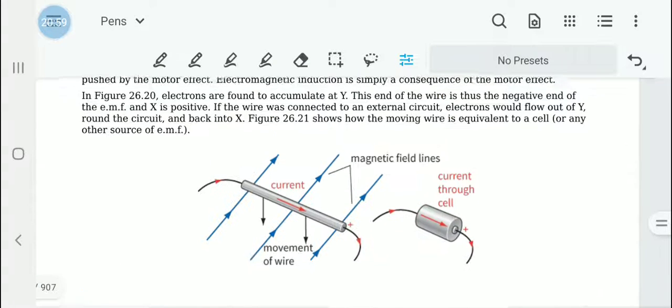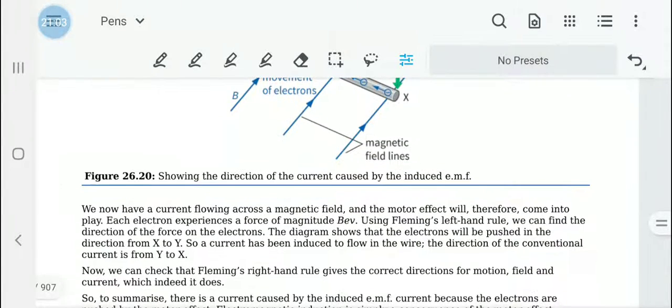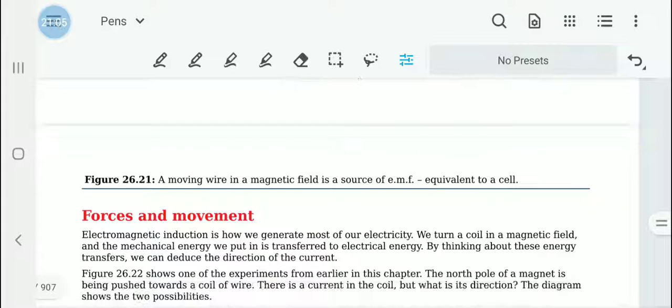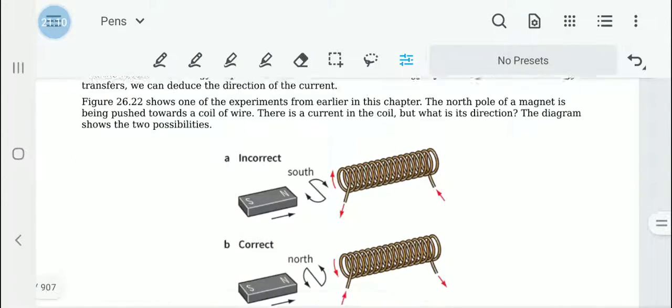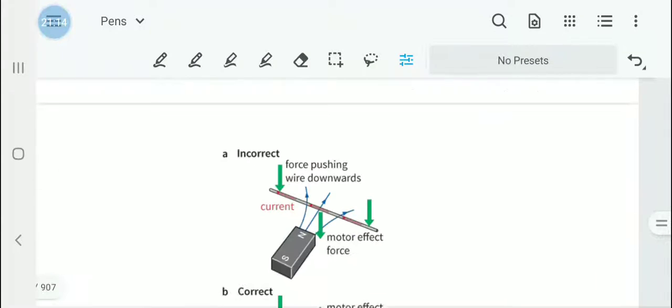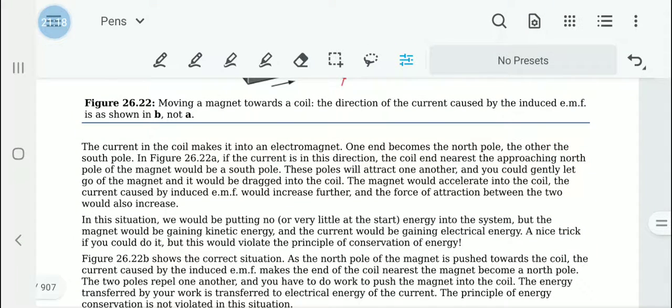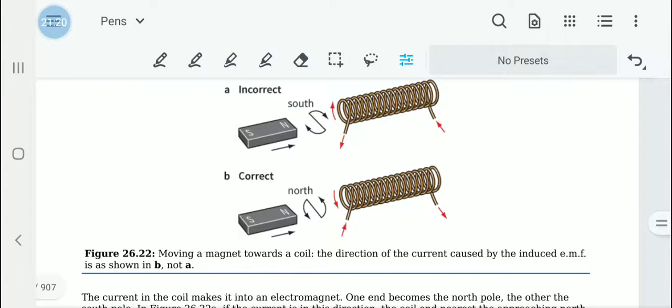So in the earlier situation also you have to draw these diagrams, figure 26.20 and figure 26.21, so that it is understood. So now I want you to draw these diagrams as well to show that the direction is found out using the idea of doing work against the magnetic field.